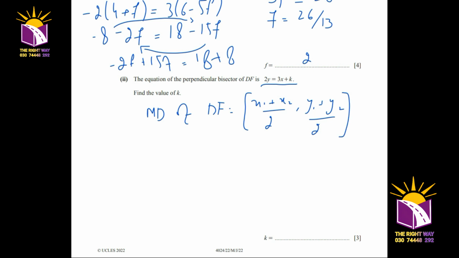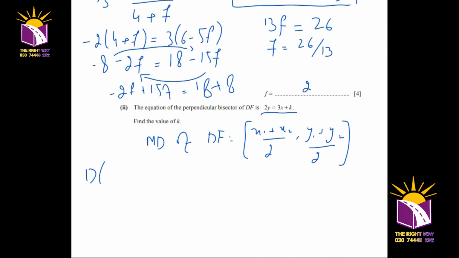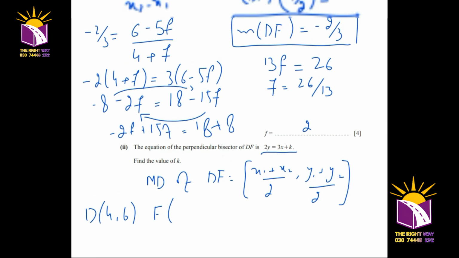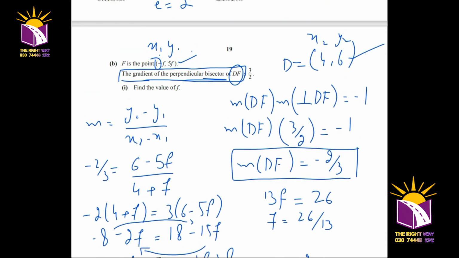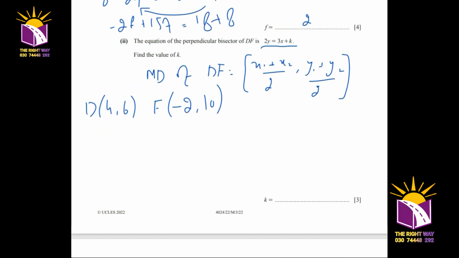The point D is (4, 6) and the point F is (minus 2, 10), putting the value of f as 2.